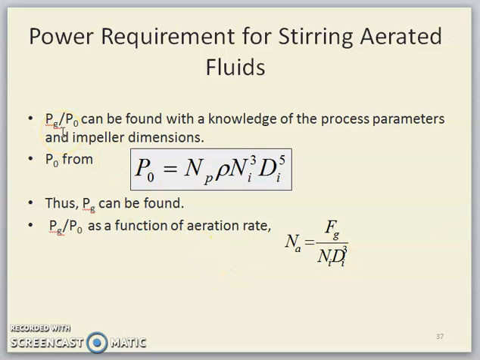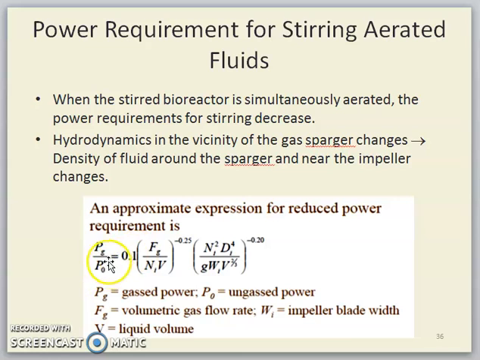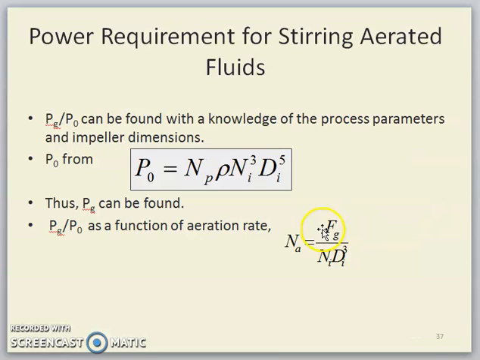P_g over P naught can be found with the knowledge of process parameters and impeller dimension. P naught is from the equation P naught equals N_P rho N_I cubed D_i to the power of 5. Thus, okay, P_g we can find from the equation previously, you can use this equation when you have this P naught, because all the dimensions of the reactor you can calculate and you can design.